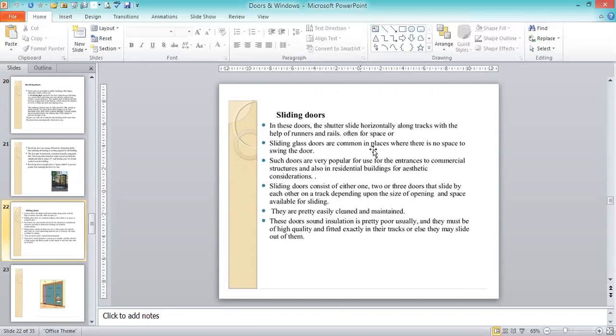Sliding glass doors are common in places where there is no space to swing the door, so opening spaces are very narrow. In that circumstance we have to go for the sliding door. That is the main objective.